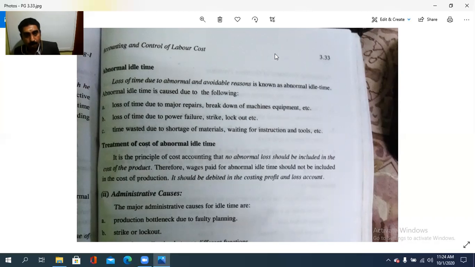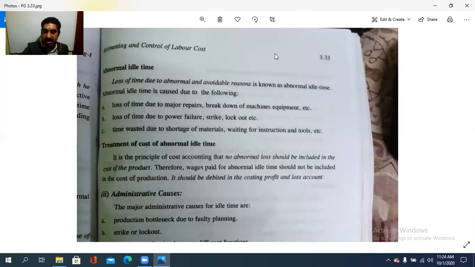The name itself, abnormality, normalcy alla. So it can be avoided. That is major repairs വരുന്നത്, breakdown of machine equipments, അതൊക്കെ നമ്മൾ നോക്കിയും കണ്ട് ചെയ്താൽ എന്ത് ചെയ്യും? It can be avoided, isn't it? So അതാണ് abnormal idle time.